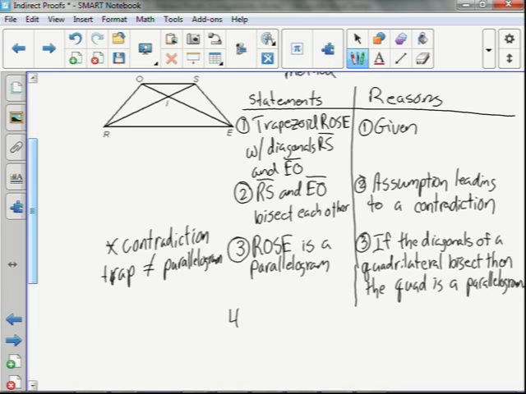So now, how did we get to statement 3? Well, we got to statement 3 from statement 2, which means we made a wrong turn. And therefore, RS and EO do not bisect each other.